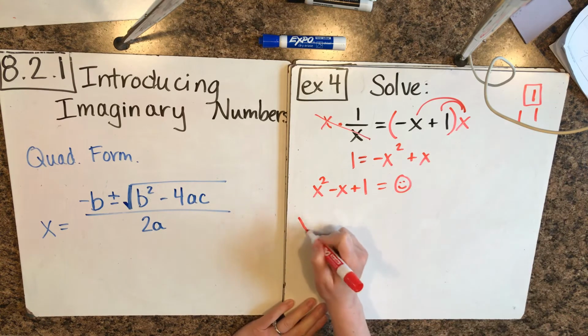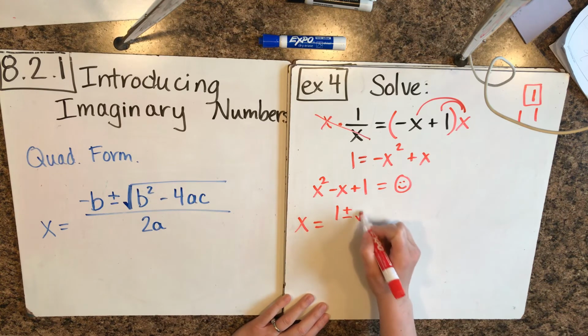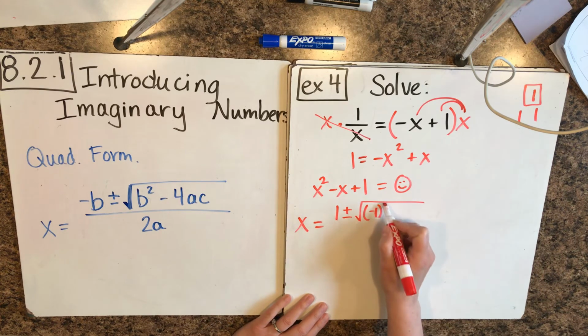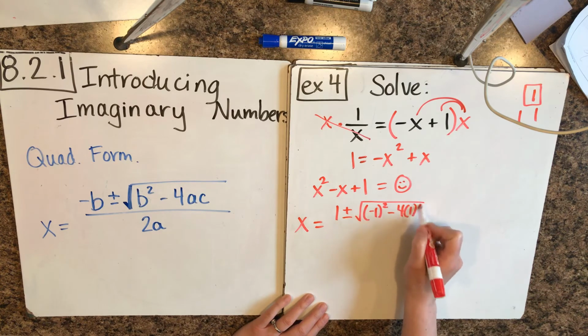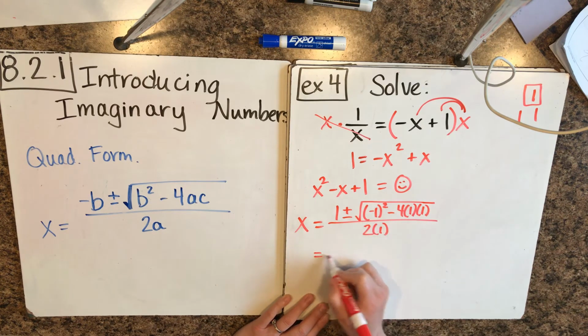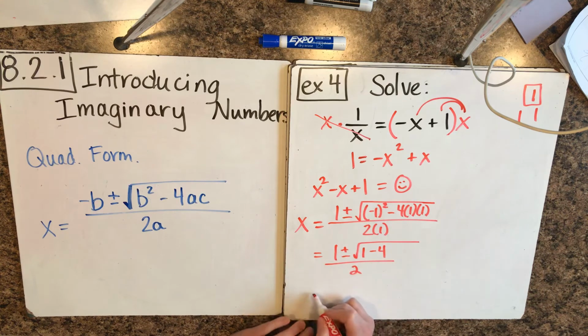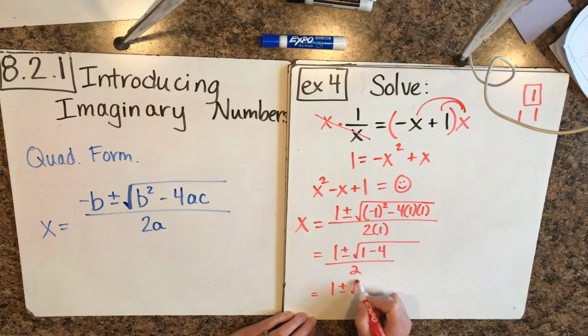So, quadratic formula it is. The opposite of b plus or minus the square root b squared minus 4 times a times c all over 2 times a. Okay, 1 plus or minus 1 minus 4 all over 2. 1 plus or minus square root of negative 3 all over 2.